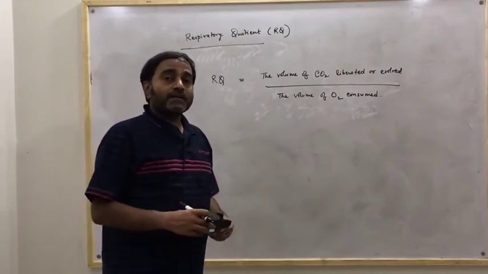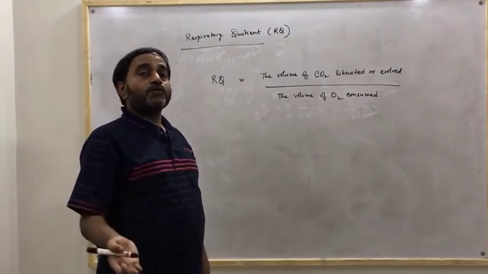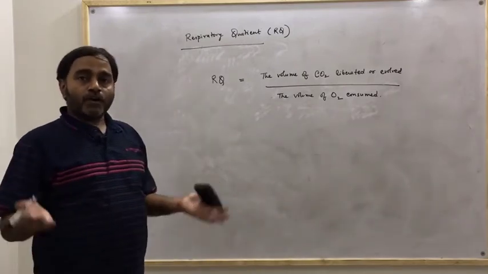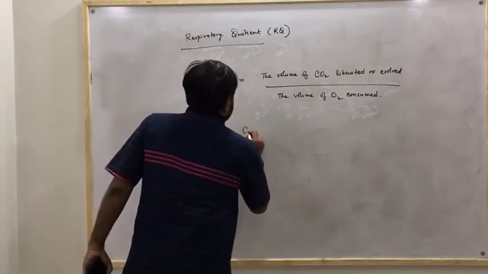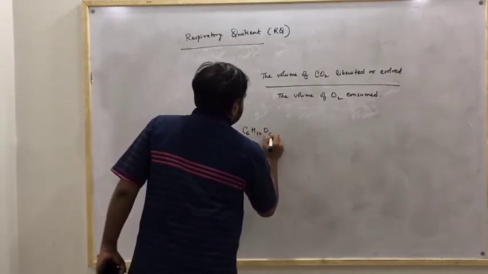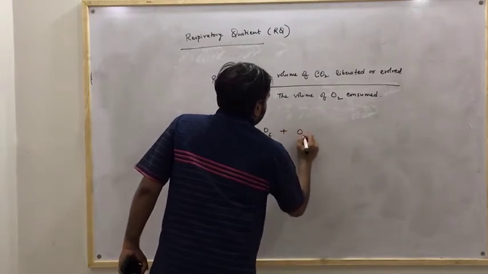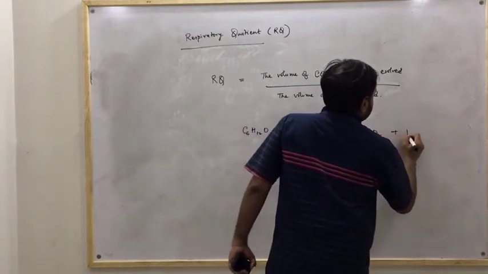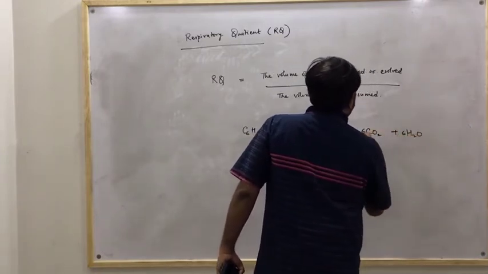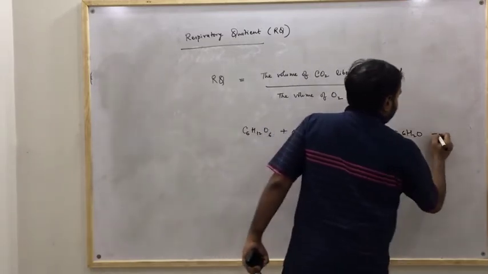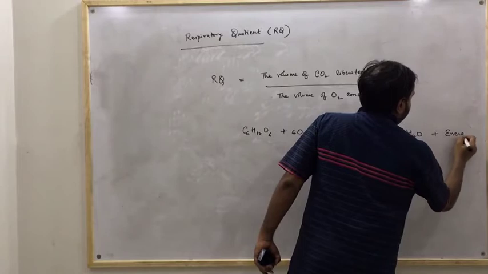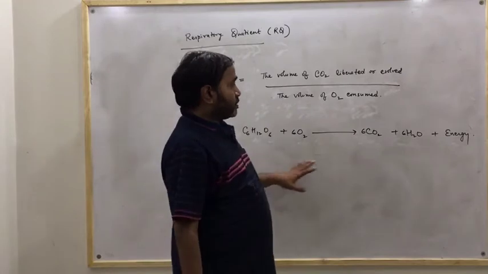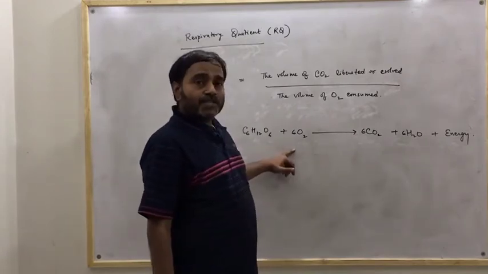And in what way can we calculate the RQ value? Suppose we want to calculate the RQ value of carbohydrate, and you know the common reaction of carbohydrate, that is C6H12O6 plus oxygen will form carbon dioxide plus water, and for balancing the expression we may write like this, and this is energy. So if you want to calculate that, how will you write?